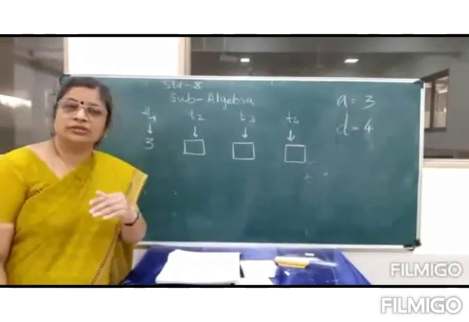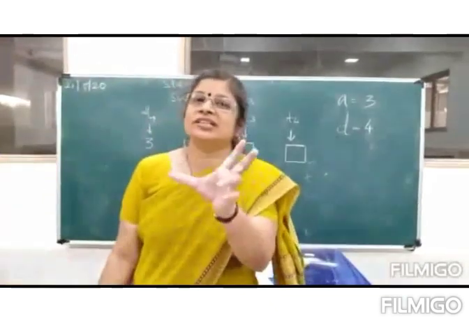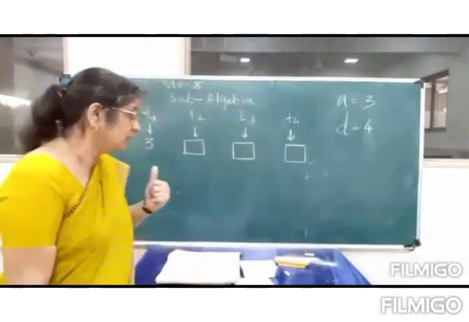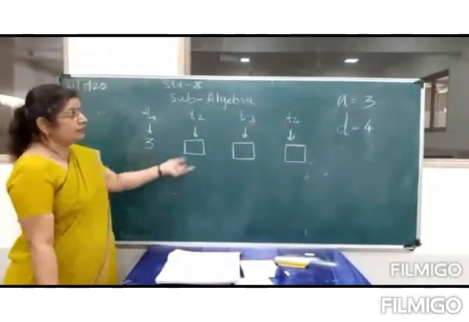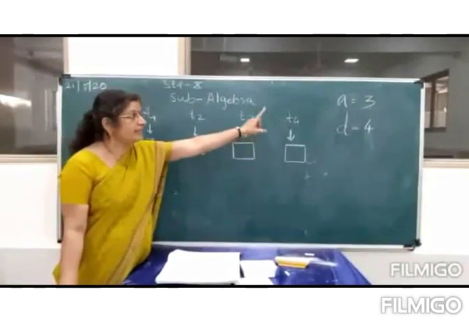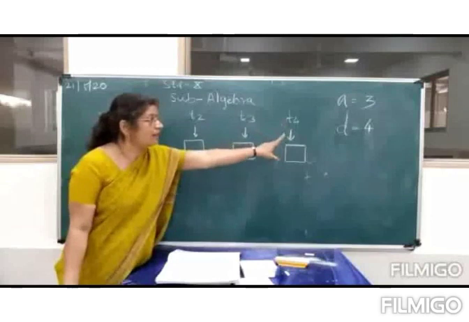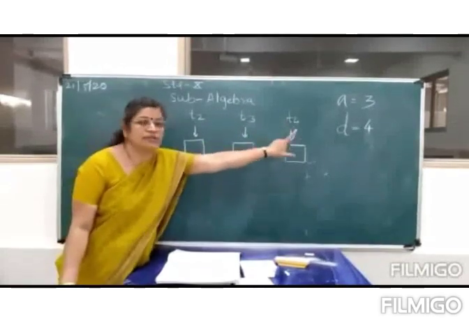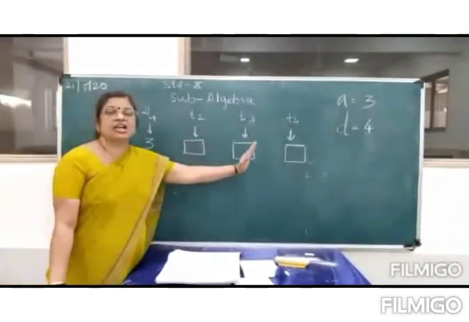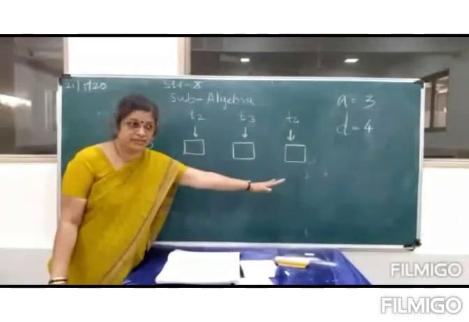Okay, now we will see the example. What I have taught you, the difference between the two consecutive terms, how to find it out, that is the common difference D. Now we will see, if you are given T1, that is A is equal to 3, and the common difference D is equal to 4. Then how to find out the terms of a sequence, that we will see.